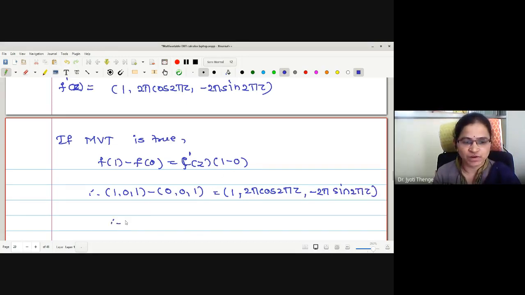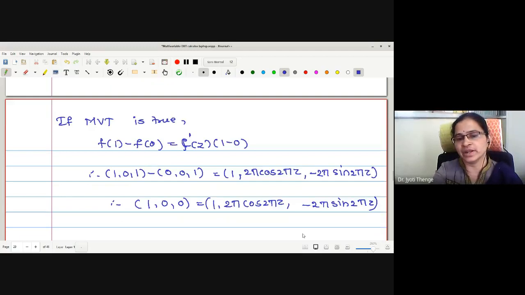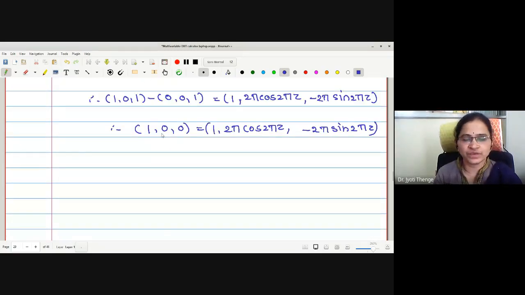Now what is the value of the left hand side? Left hand side is 1 minus 0, 1 minus 1, 0 minus 0, which is equal to (1, 0, 0), and this equals (1, 2 pi cos 2 pi z, minus 2 pi sin 2 pi z). Let me equate coordinate wise. First coordinate is 1 equals 1, no problem.